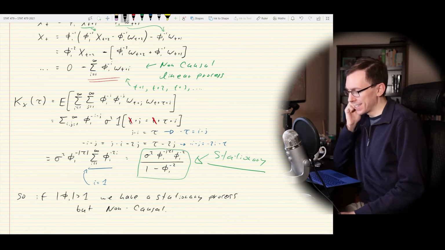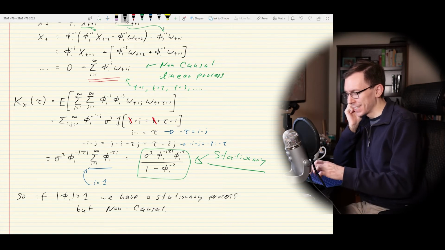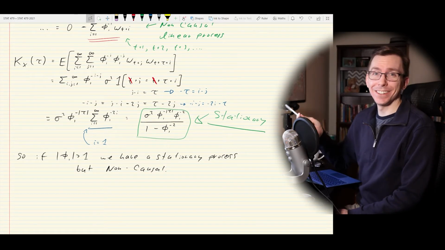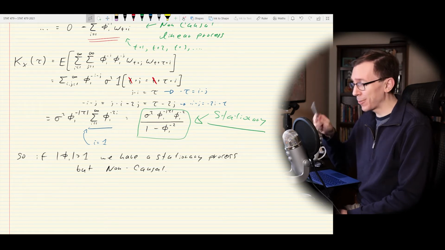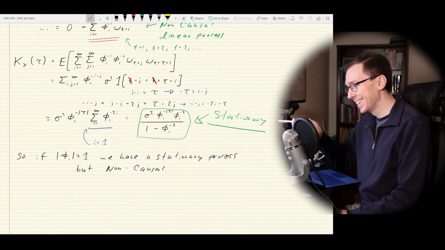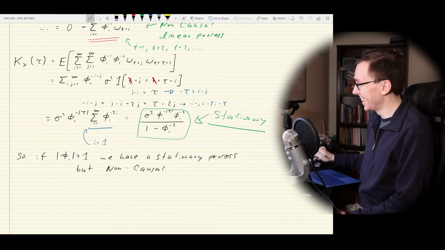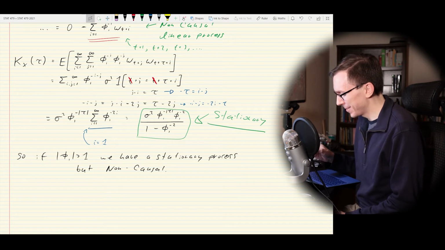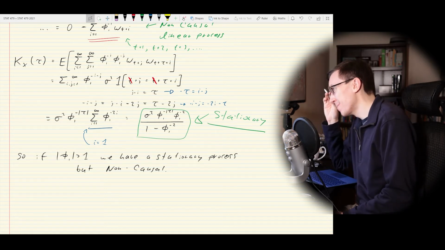Oh, that's too bad. I guess it's not causal, so it doesn't really make a lot of sense unless there's a way to find a causal process that is equivalent to the non-causal process. And we're going to do that because, yeah, this is kind of a bit of a crazy part of the course, I find.